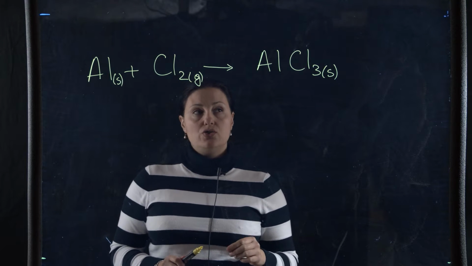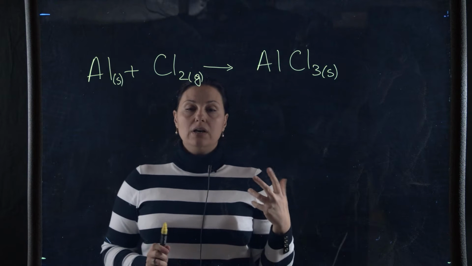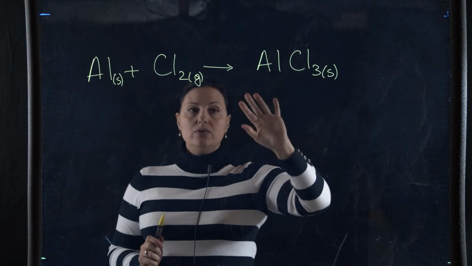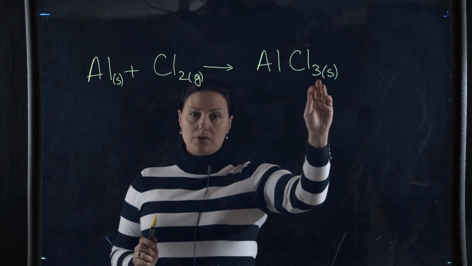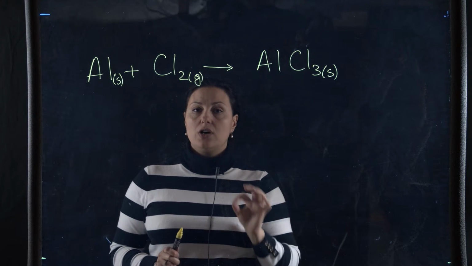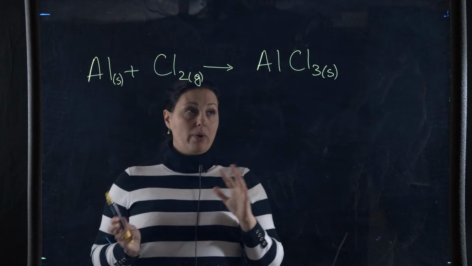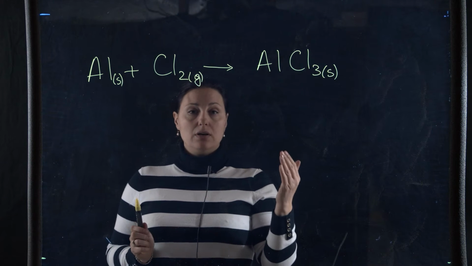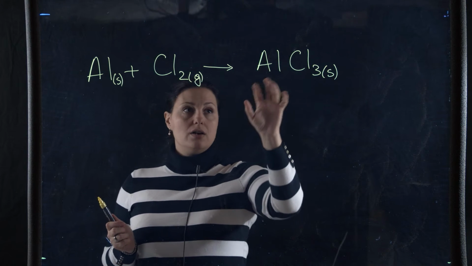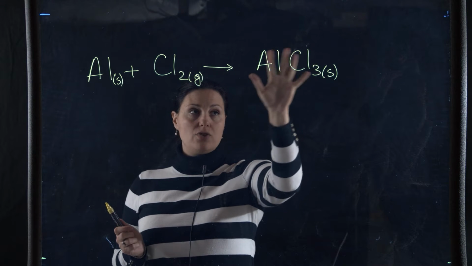What I first try to do is make whatever number that I have odd, I try to make that even. And when you do that, you never manipulate the subscripts. You don't do that, because if you change the subscripts, you change the composition, you change the compound completely. The way that we actually change how many chlorines there are is we manipulate by using molar coefficients in front of the whole molecule.